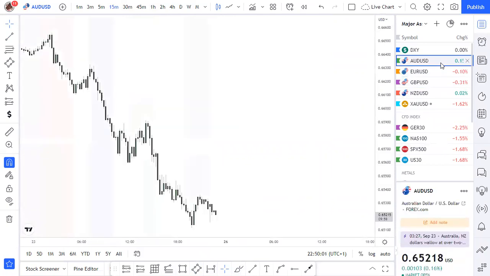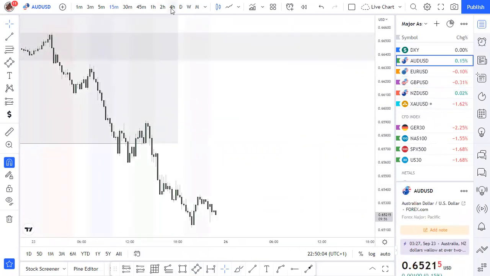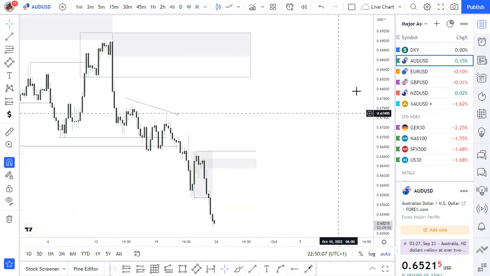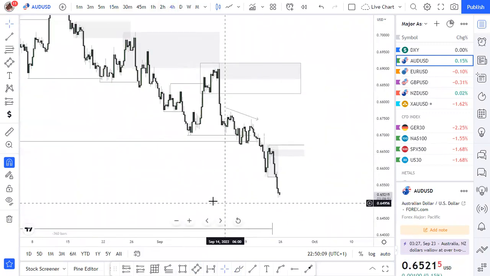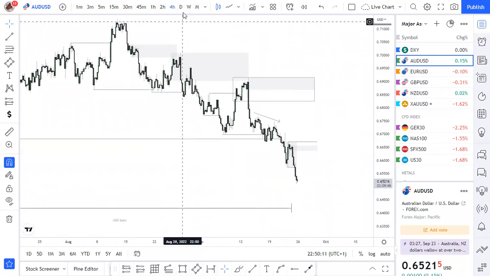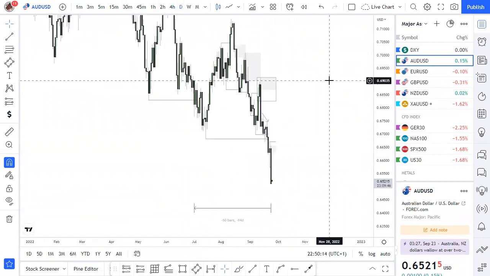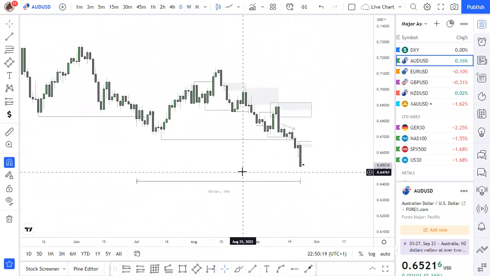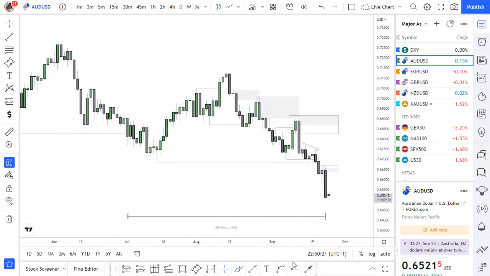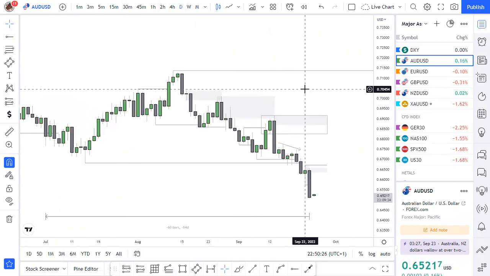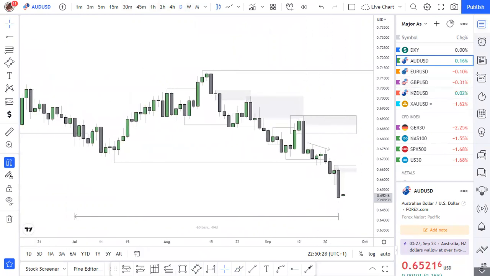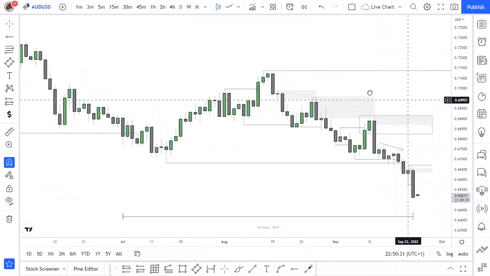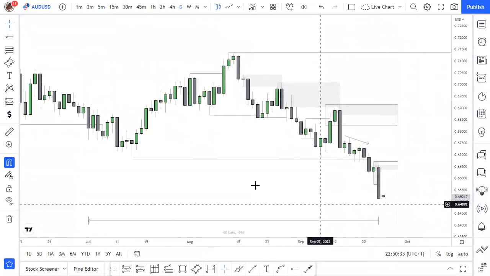AUD USD, same price action. I think I should talk about AUD USD. So here on AUD USD, we have our trading range high here. I think this is the first time I'm covering AUD USD on this channel. So this is my highest high here.